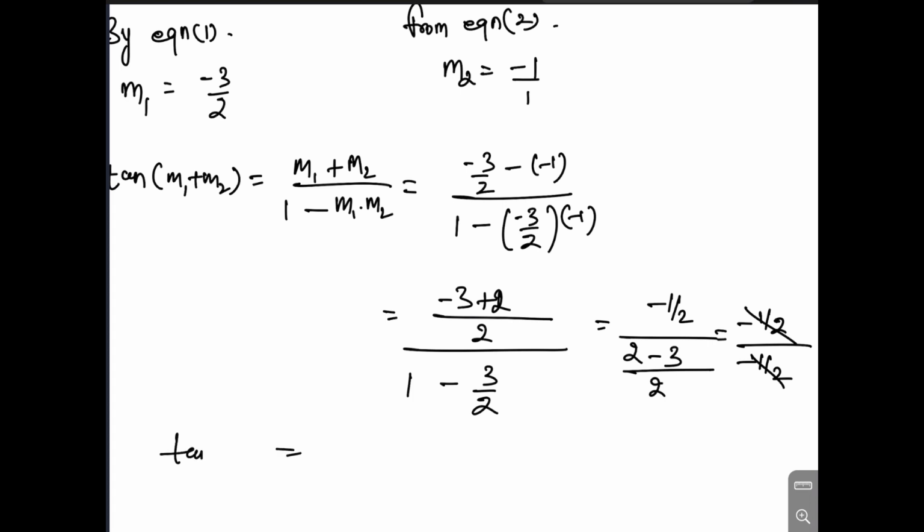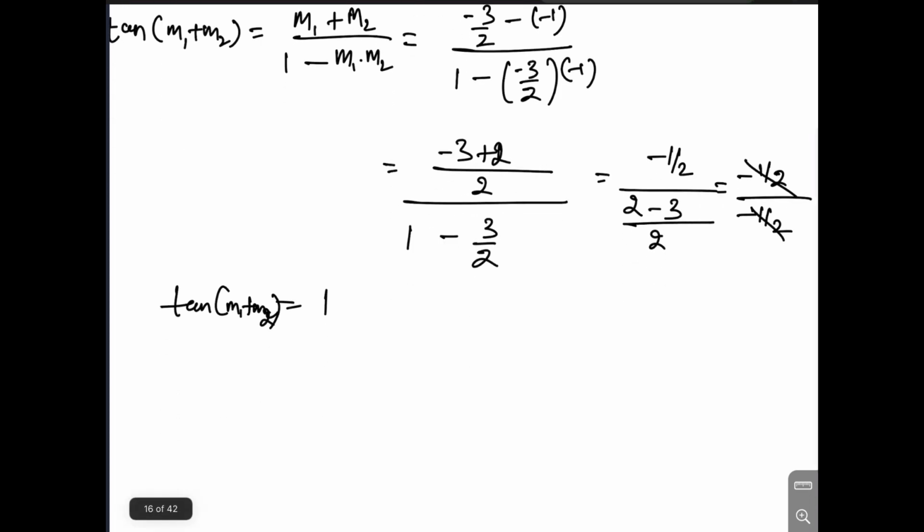So tan theta equals 1. Tan inverse 1 is nothing but 45 degrees.